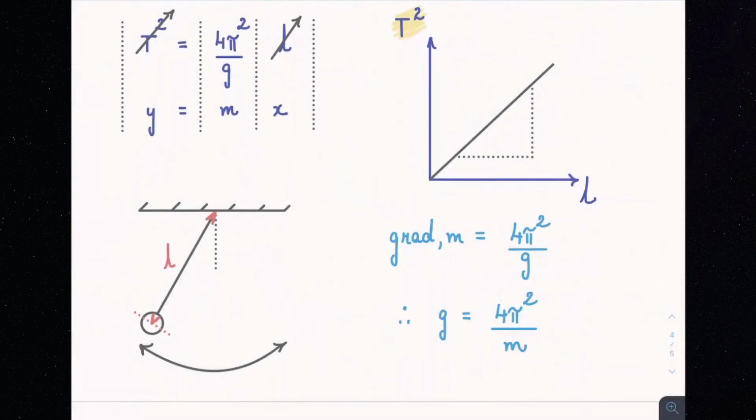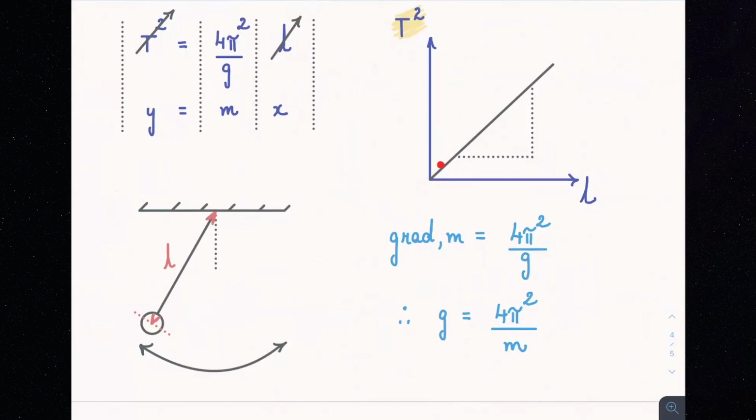The equation is thus showing us that rather than plotting the periodic time against the length, we need to plot T squared on the y-axis against the length on the x-axis. If we look at how we are arranging the equation here, a graph of T squared on the y-axis against length on the x-axis should be linear, passing through the origin.